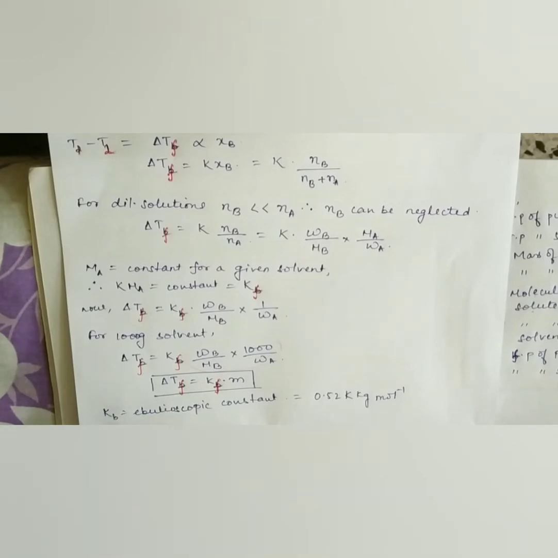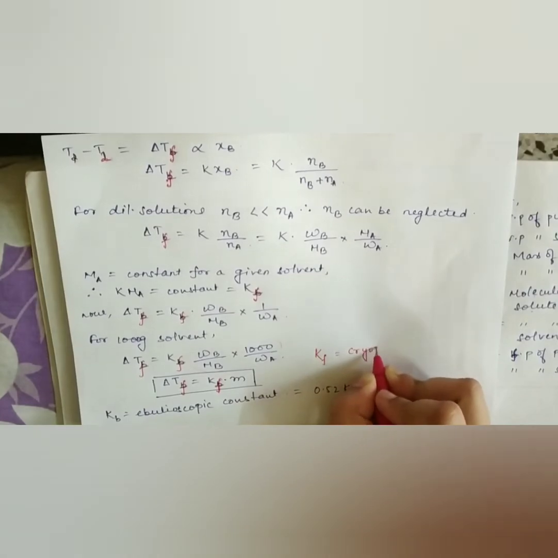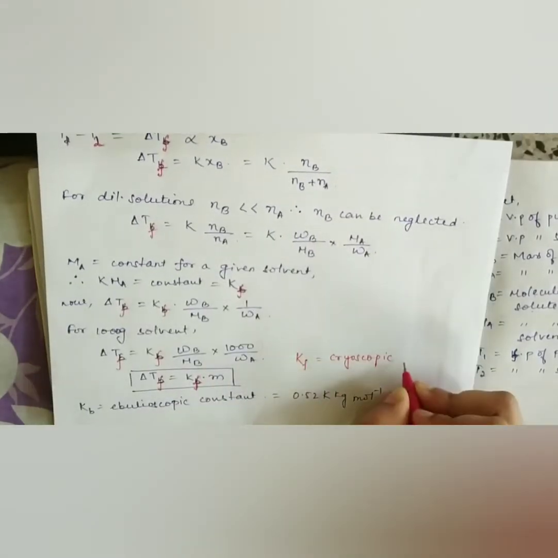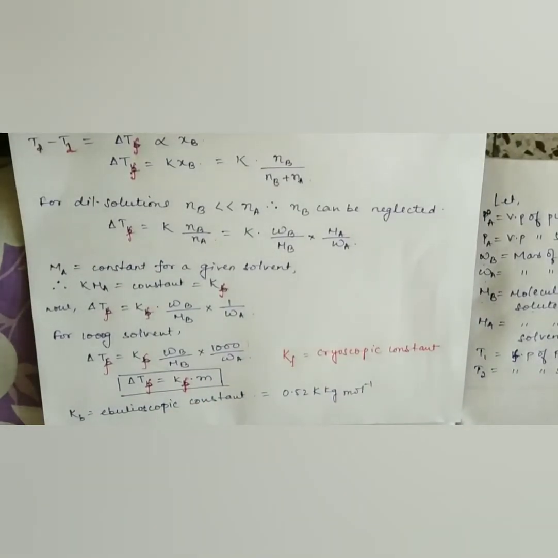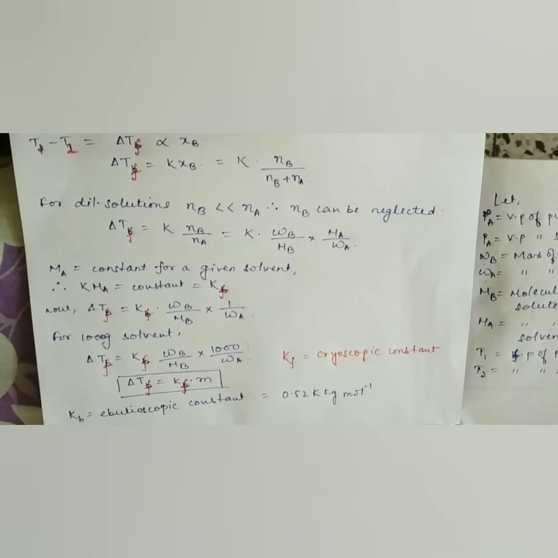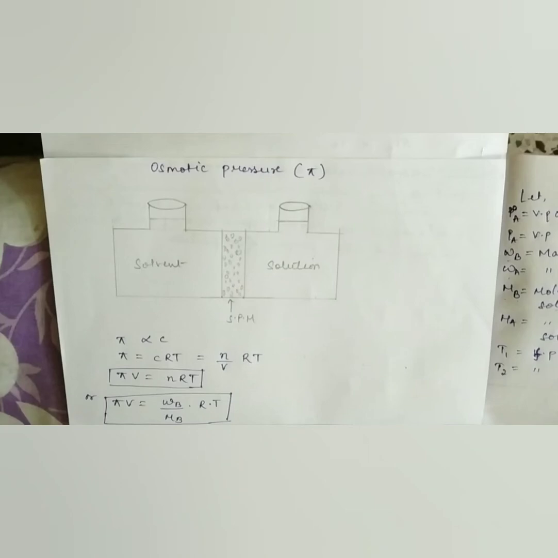Now Kf is known as the cryoscopic constant. Kb was known as the ebullioscopic constant, and Kf is known as the cryoscopic constant. Just as Kb, Kf has different values for different solvents, but it has the same value for a particular solvent at a particular temperature.